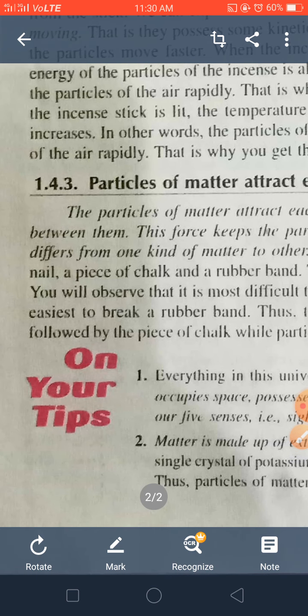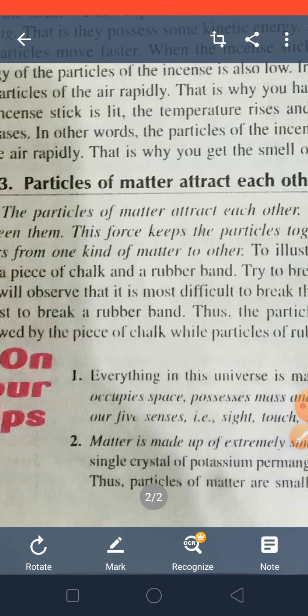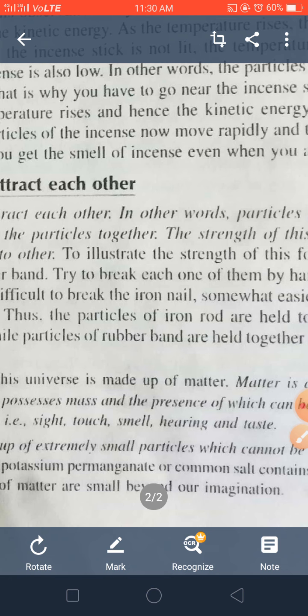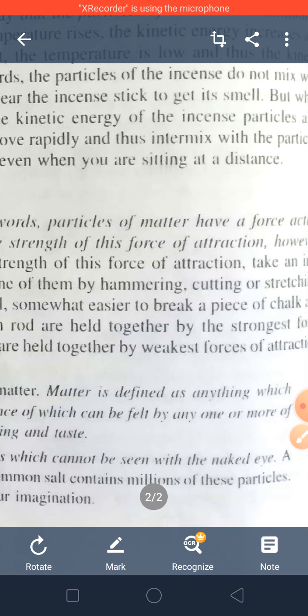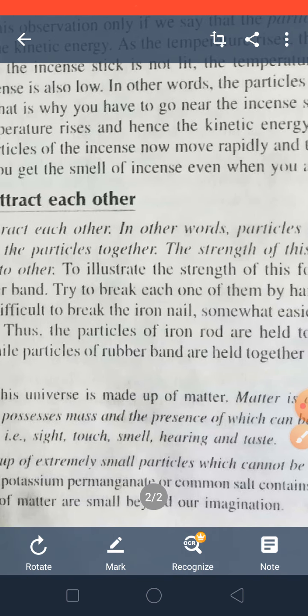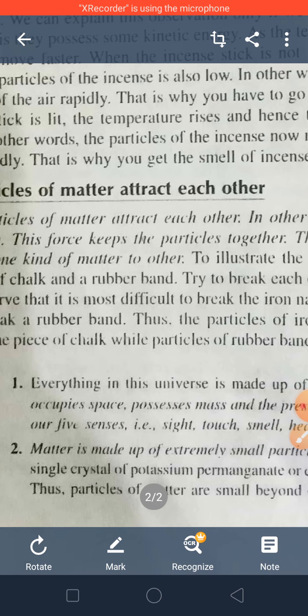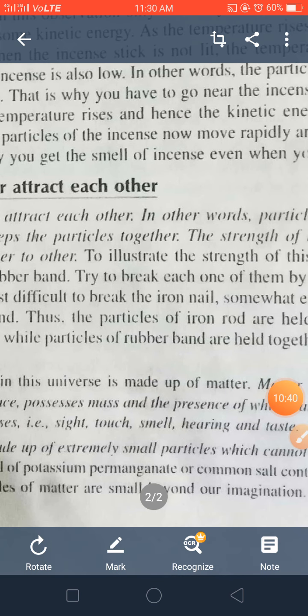Say, for example, if you take a nail, a piece of chalk and a rubber band, and try to break each one of them by hammering, cutting, or stretching, you will observe that it is most difficult to break the iron nail. If you now try to break the piece of chalk, it is less difficult, it is easier to break.